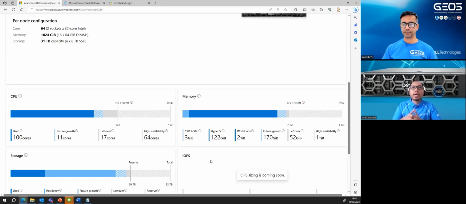So for example, you have say 10 terabyte of raw capacity in one node. It means that 10% is around 1 terabyte, so you need to have around 1 terabyte cache per node. More than that is good, depending on your workload space.